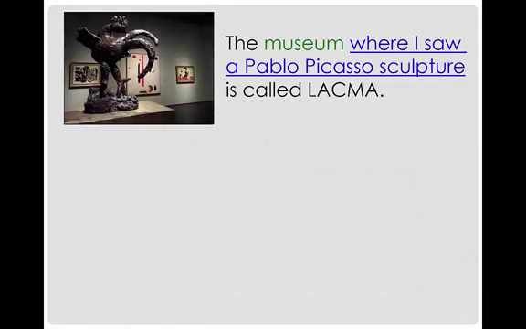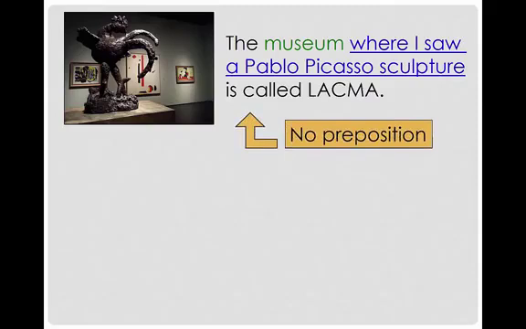The museum where I saw a Pablo Picasso sculpture is called LACMA. Now, the adjective clause, where I saw a Pablo Picasso sculpture, can be written in several different ways using several different pronouns. Here, using where, there is no preposition. But let's take a second to think about what this sentence is saying.